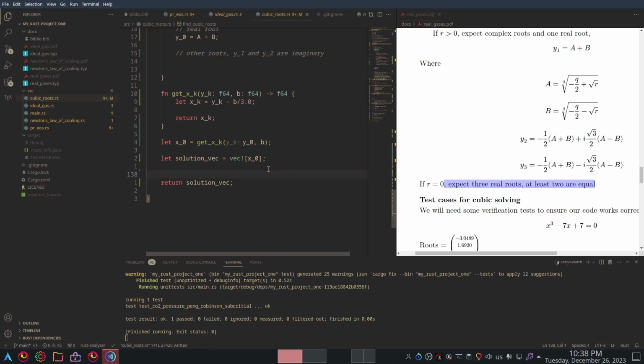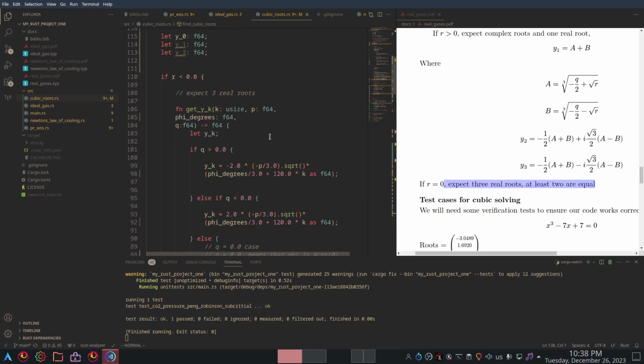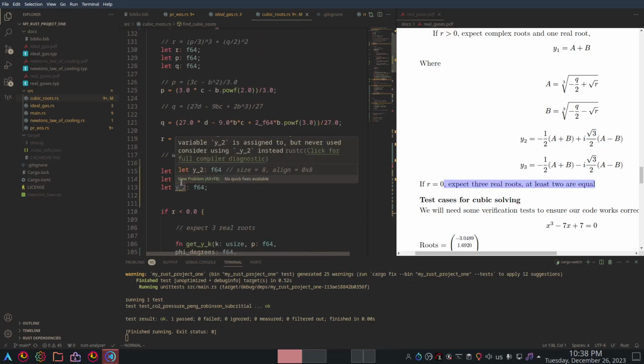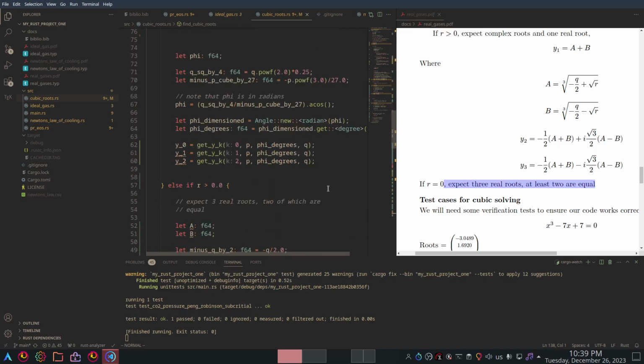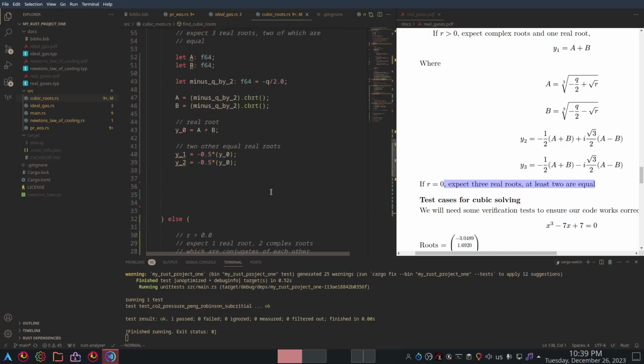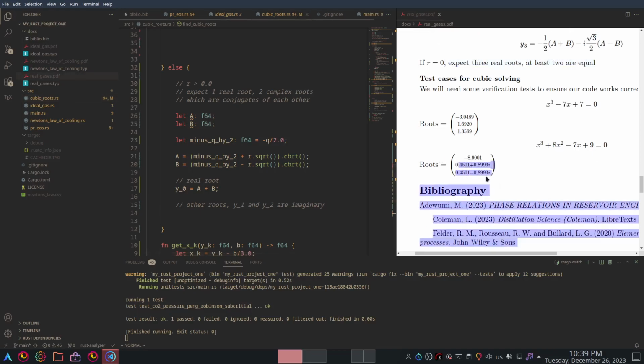But we need to have other roots as well, because there's sometimes a y1 and y2, right? y1 and y2 are sometimes defined, sometimes not. As you can see here, in the else case, if r is more than 0, when we have imaginary roots, then y1 and y2 are not defined.